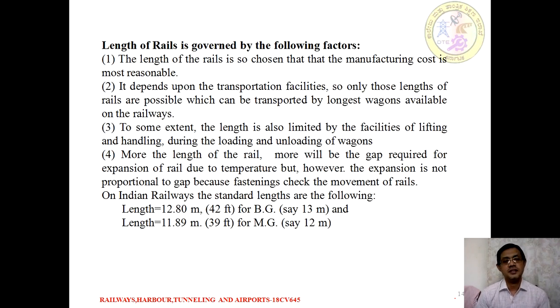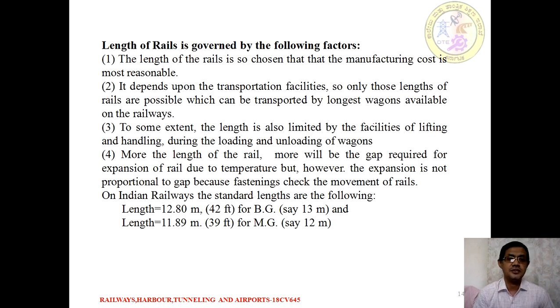Next is going to be the length of a rail. We talked about different types of rails, their functions and requirements. So what would be the optimal length of a single rail to be taken for construction? These are a few factors we are concerned with while taking the length parameter of any type of rail.